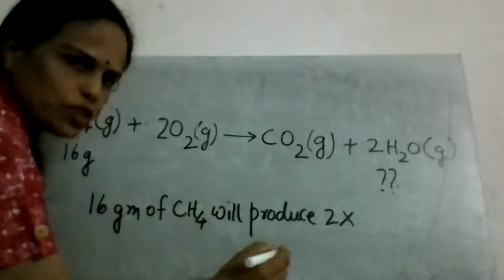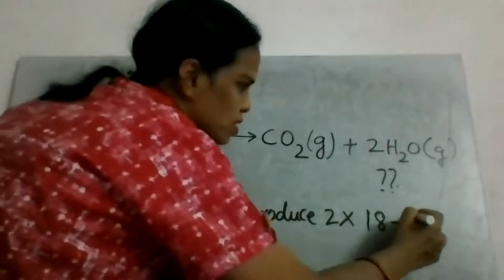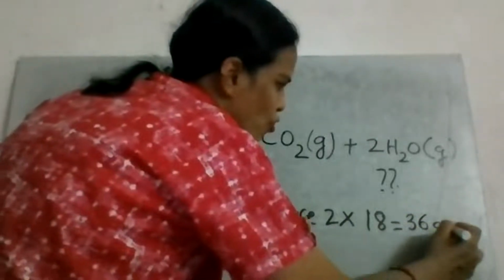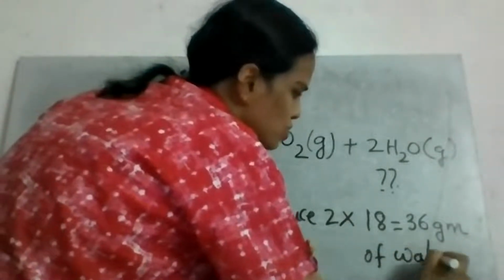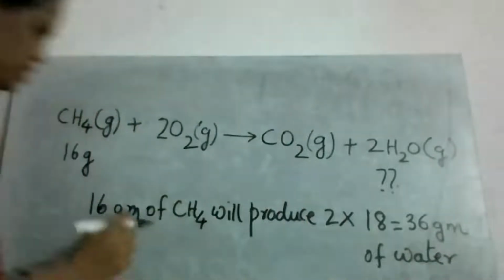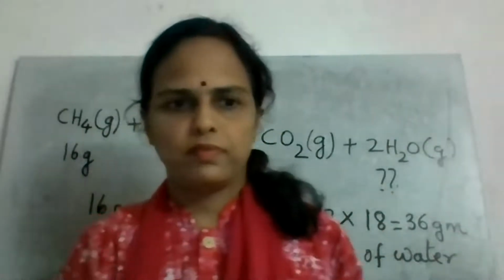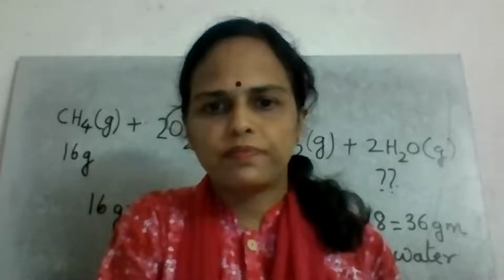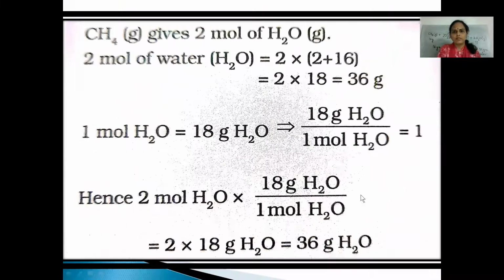So 16 plus 2 is 18. So 2 into 18 is equal to 36 grams of water. So 36 grams of water are produced when 16 grams of methane reacts with oxygen. Hope that problem is clear. Let us come to the next problem now. Yes, it is 36 grams of water that is produced.